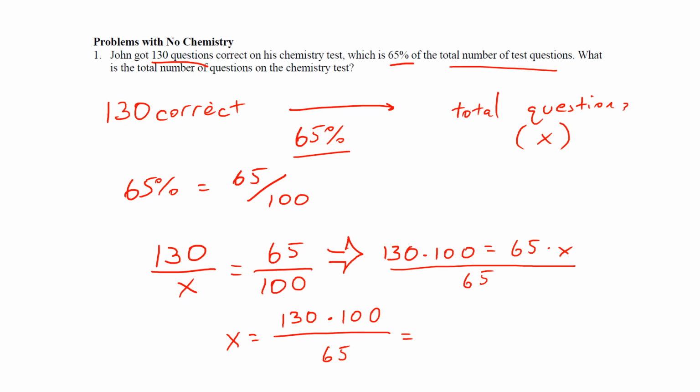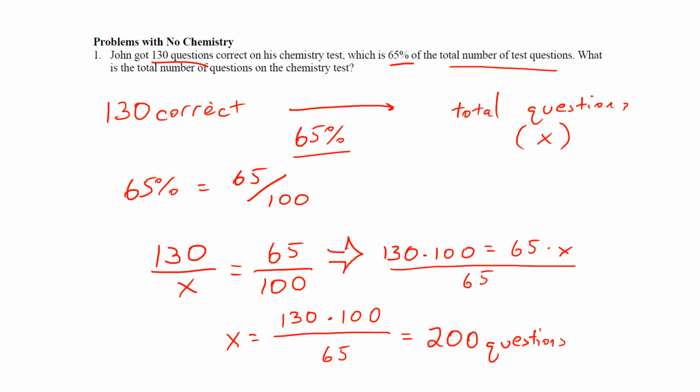Doing the math, let me get out my calculator. So 130 times 100 divided by 65, that gets me 200 questions. So did we answer the problem? Well, it asks for the total number of questions, and we got 200 questions.